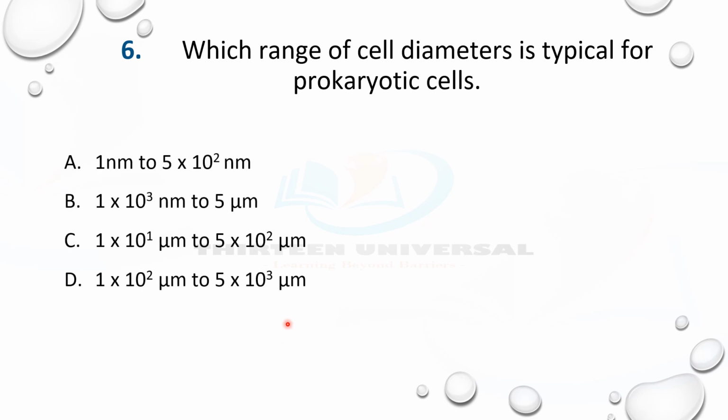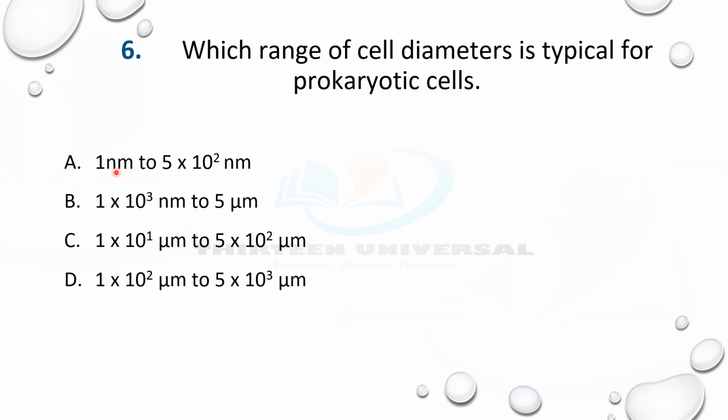Now let's go to the next question. Which range of cell diameter is typical for prokaryotic cells? Please, we have said that for prokaryotic cells, the range is from 1 micrometer to 5.